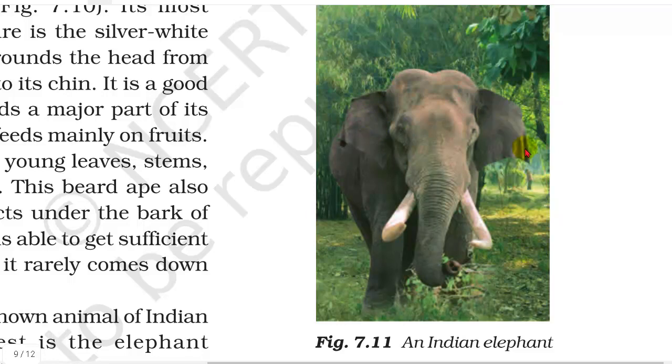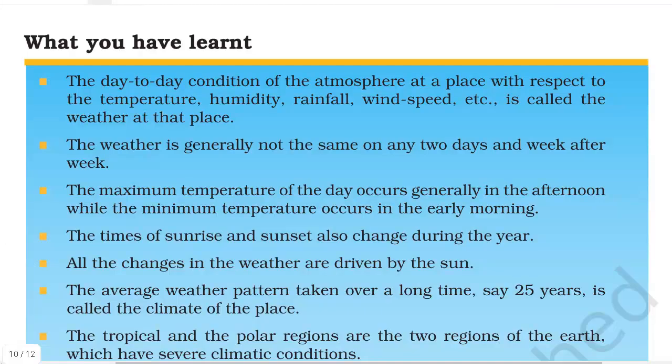Let's read out again some important things that we have learned in this chapter. The day-to-day condition of the atmosphere at a place with respect to the temperature, humidity, rainfall, wind speed, etc. is called the weather at that place. The weather is generally not the same on any 2 days and week after week.